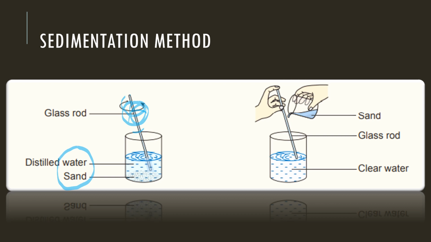The sand will settle at the bottom of the beaker. After you stir, you leave the mixture for a while, then sediment will form. The sediment is sand. Then you pour the water into another beaker. You get the water, and the sand remains in this beaker. Okay, this is called sedimentation.